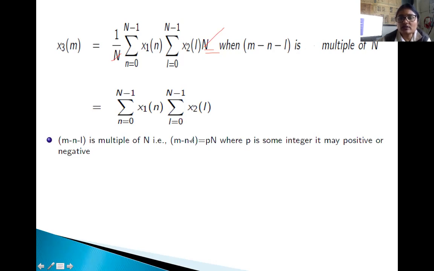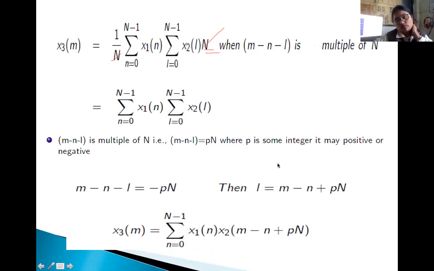So m minus n minus l is equal to p into n, where p is an integer. It may be positive, it may be negative.